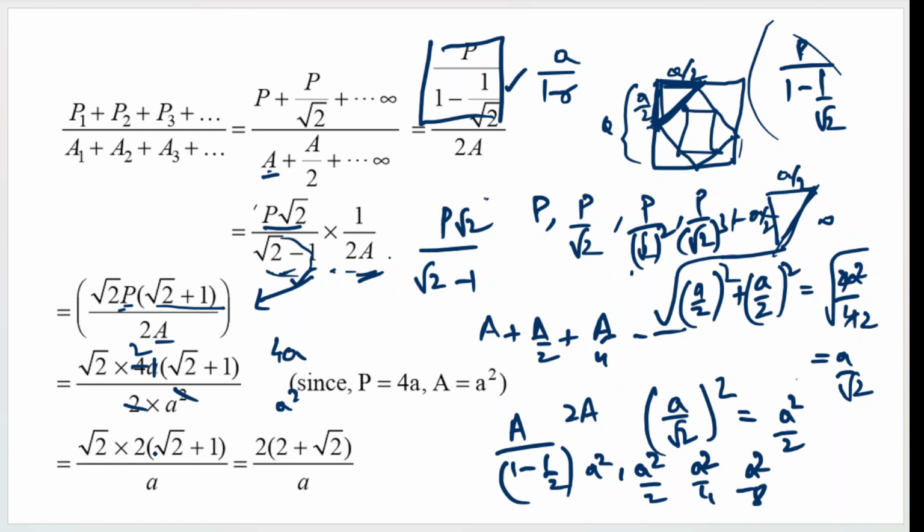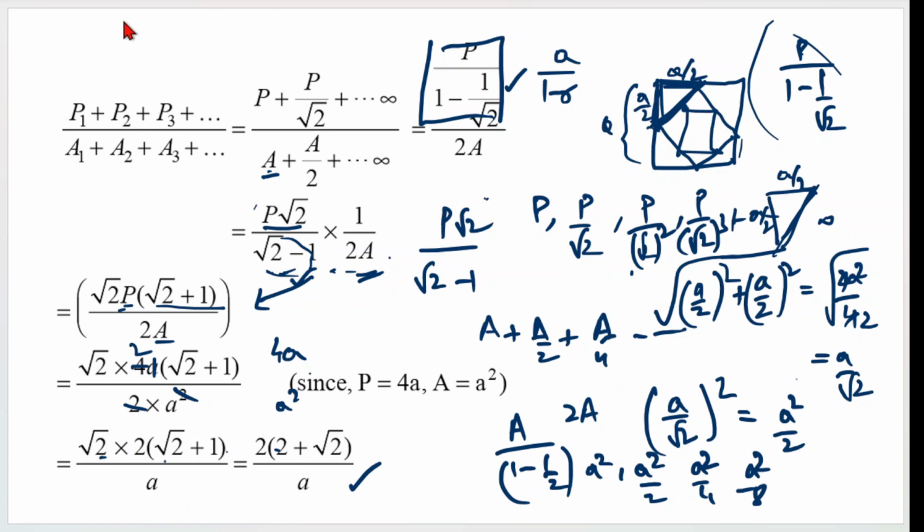So we are left with 2 root 2 into root 2 plus 1, or otherwise 2 into 2 plus root 2, since root 2 into root 2 is 2 and root 2 into 1 is root 2. This is our final answer.